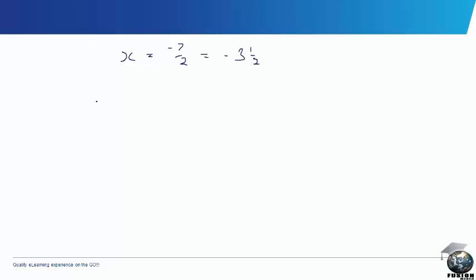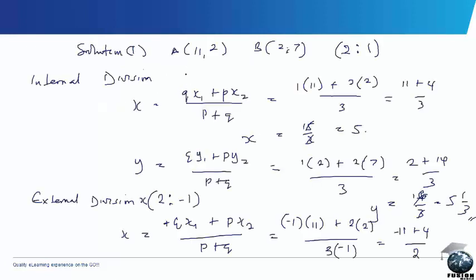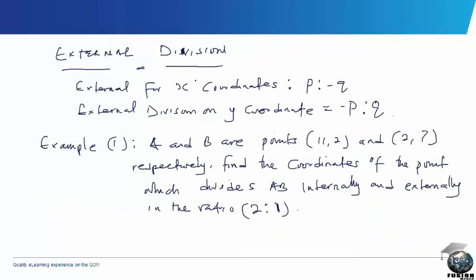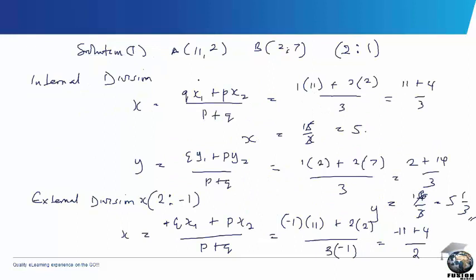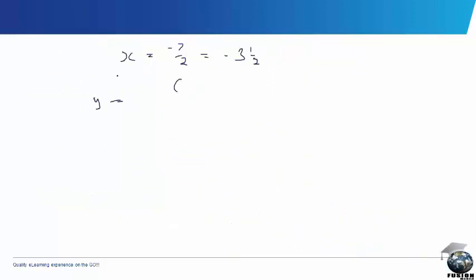For y, the ratio changes to minus 2 and 1. For y, p becomes minus 2 and q stays 1, so the ratio changes to minus 2 and plus 1. I just wish you will understand.